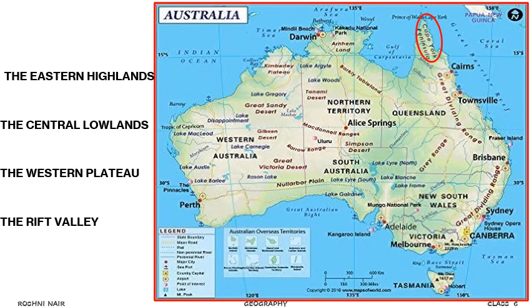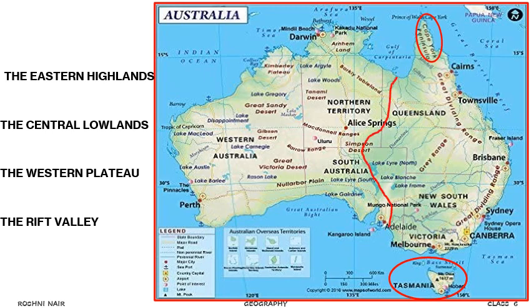When we talk about the extension, the highland extends from Cape York in the north down to Tasmania in the south, and it is roughly parallel, or I can say close, to the east coast of Australia.